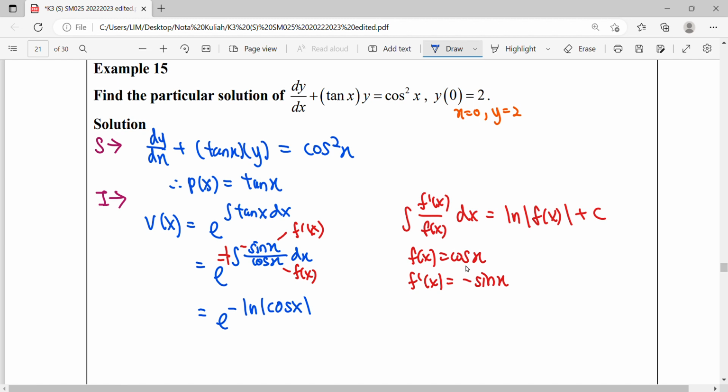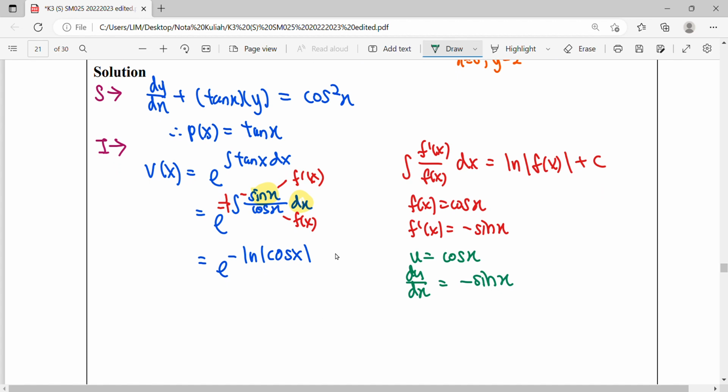So what did you learn? You learned substitution, so let's see substitution. Let u be cos x, the denominator. Then differentiate u with respect to x: differentiating cos x gives negative sin x. What you need to substitute here is sin x dx. Moving the negative to the left-hand side, sin x dx can be substituted by negative du.